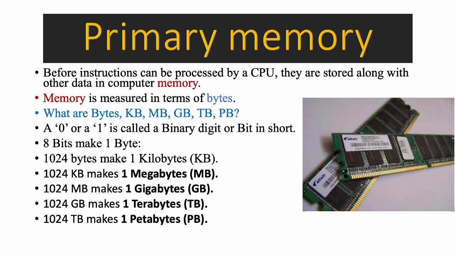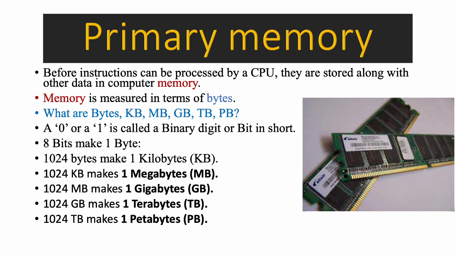Before we make a comparison between RAM and ROM, let us get to know the unit of storage. What is the unit of storage? Memory is measured in terms of bytes. So what are bytes, kilobytes, megabytes, gigabytes, terabytes, petabytes?